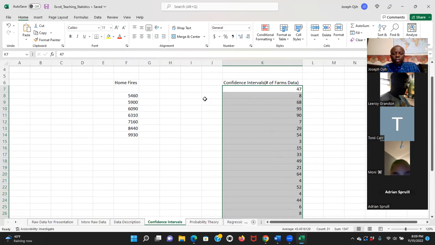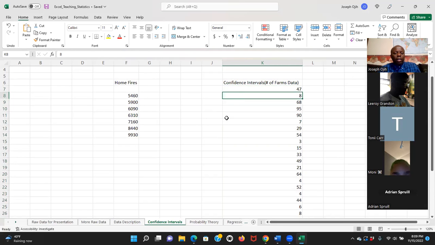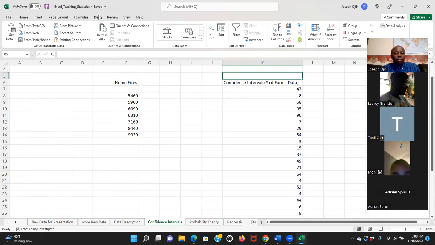So you highlight it. Now what you're going to do is click on Data, then Data Analysis.